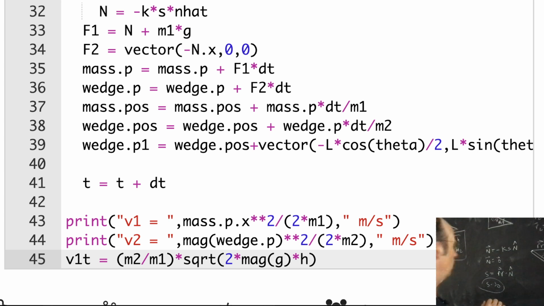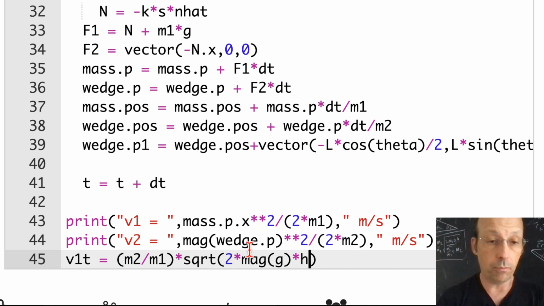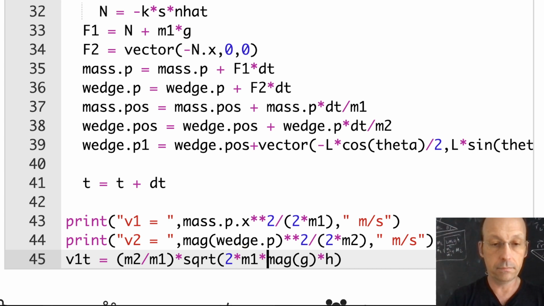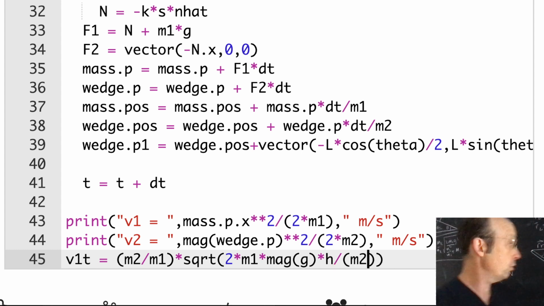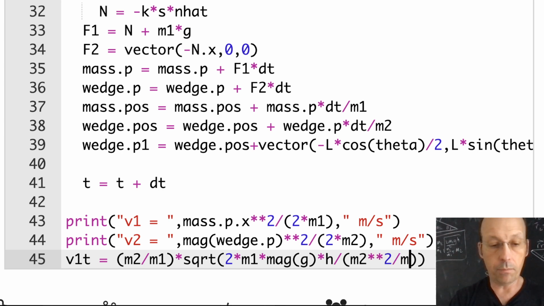Then m1 times 2gh divided by m2 squared, divided by m1 plus m2. And let's print that.